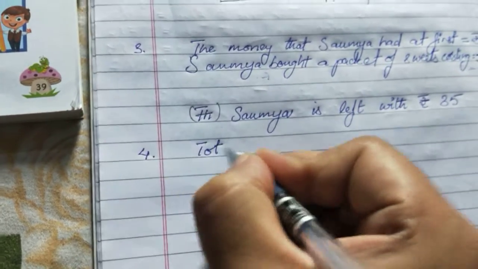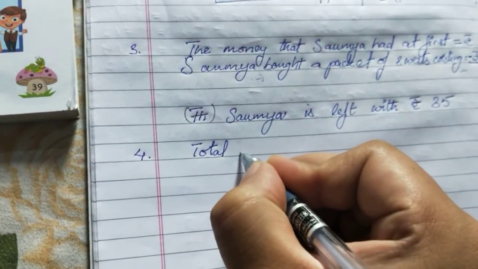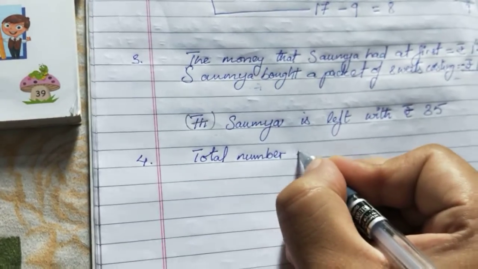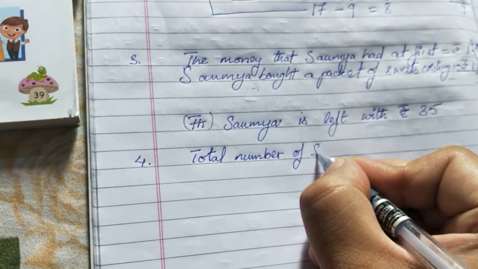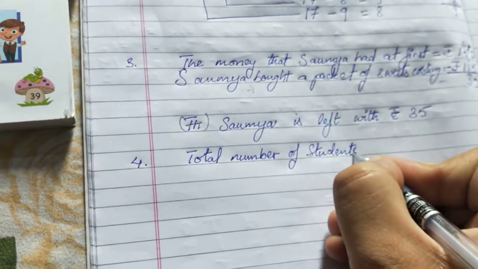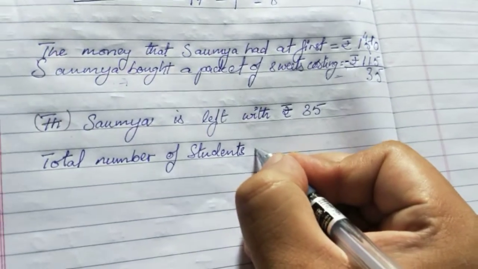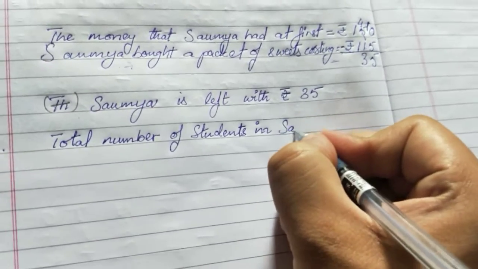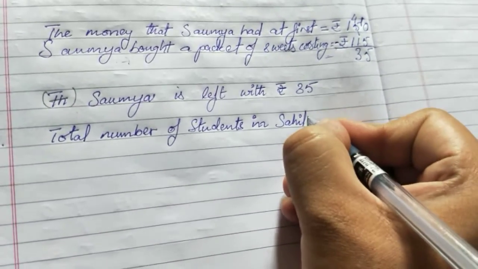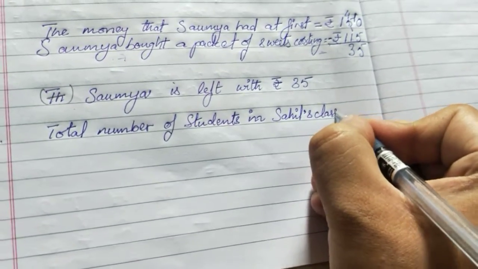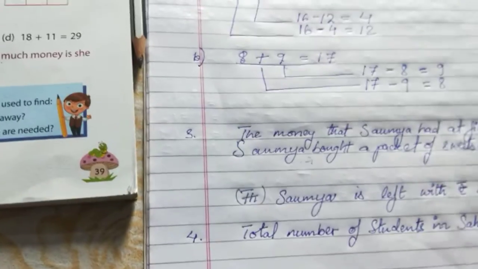There are 58 students, so the total number of students in Sahil's class will be how much? 58.